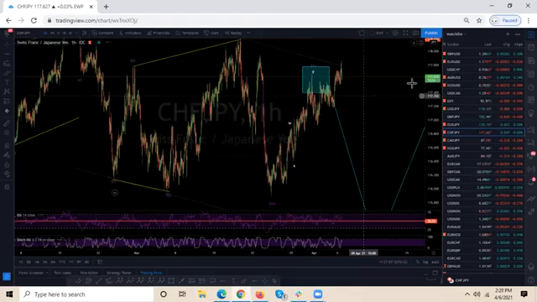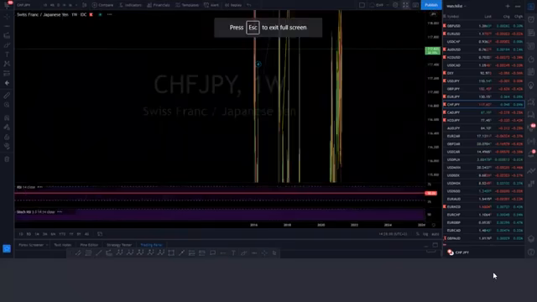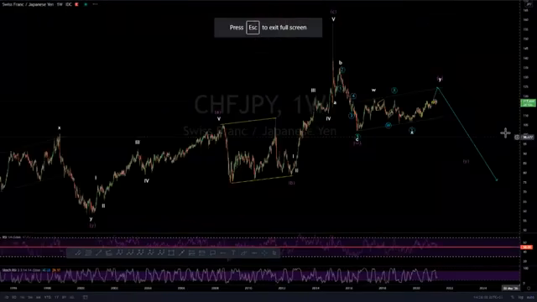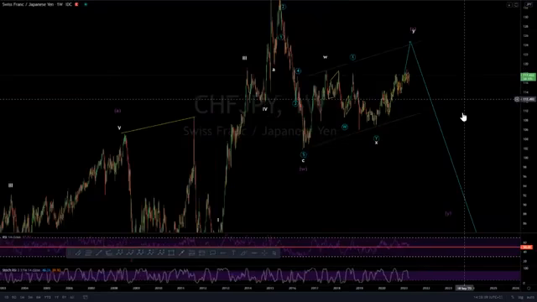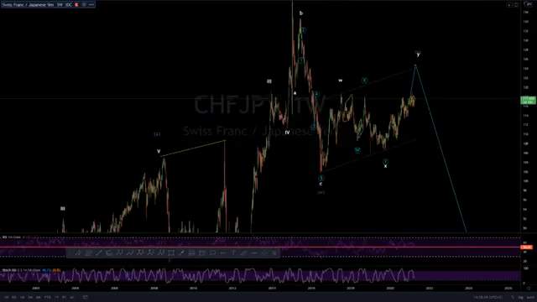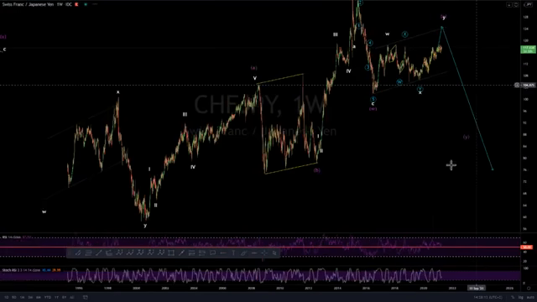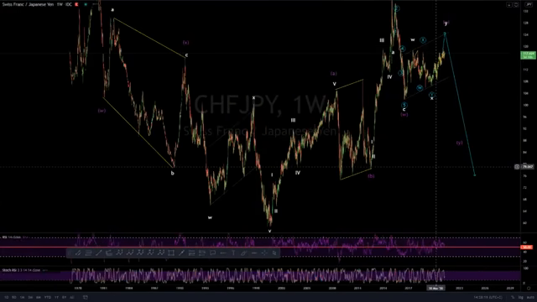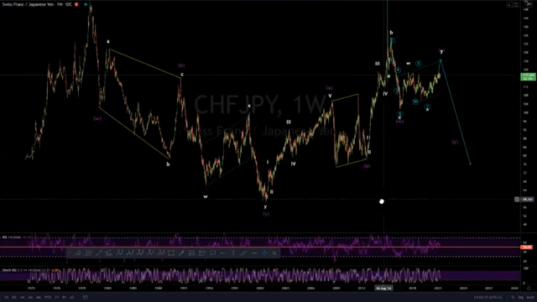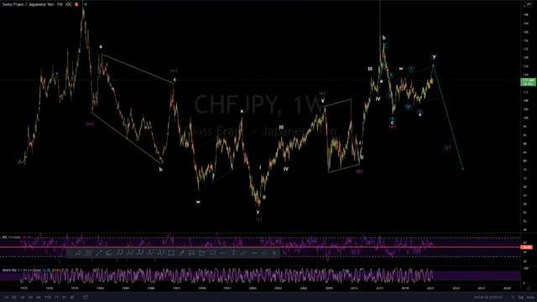Right, let's look at Chief Yen, starting from the weekly. Right, Chief Yen, I won't be looking at much of this structure here, because I'm looking at this whole move.